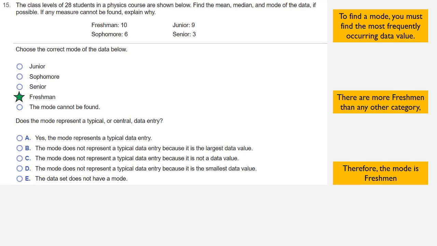And because that's true, those answers don't make sense. Freshman is a data value, so answer C doesn't make sense. We've already decided that the data set has a mode, so the correct answer here is going to be choice A. Yes, the mode represents a typical data entry. That's your answer.